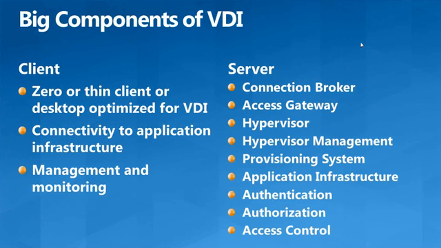So what are the big components? Well, it really comes down to what you are going to put on your desk, and really it's either a zero or a thin client, or you can actually, as I said before, take an old desktop, rip out the hard drive, and just have a network card into the virtual environment. The other thing, obviously, is that they can have multiple applications that are all virtualized.